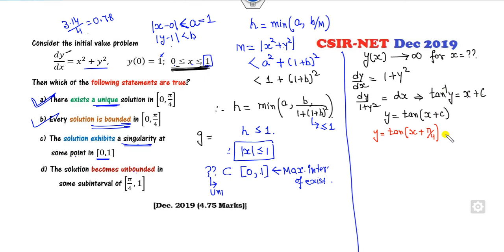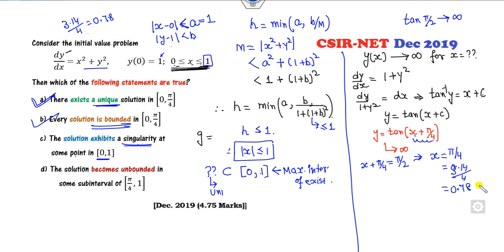Now when will it be a singularity? When it goes to infinity. When the tan value is infinity, and we all know tan of pi over 2 is infinity. So this value will be pi by 2 only when x is pi by 4. What is pi by 4? 3.14 divided by 4, 0.78.